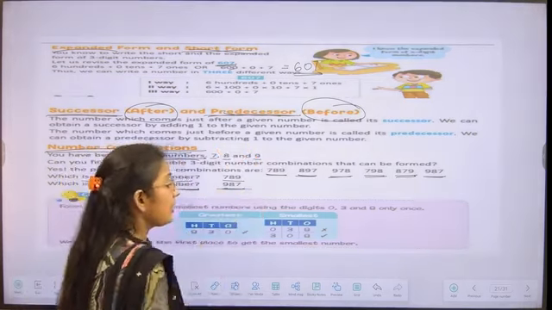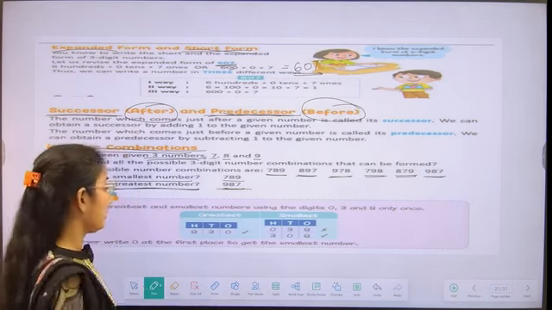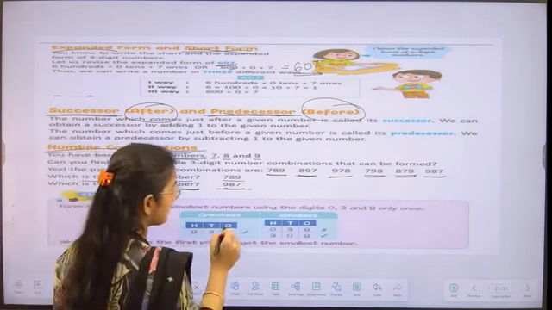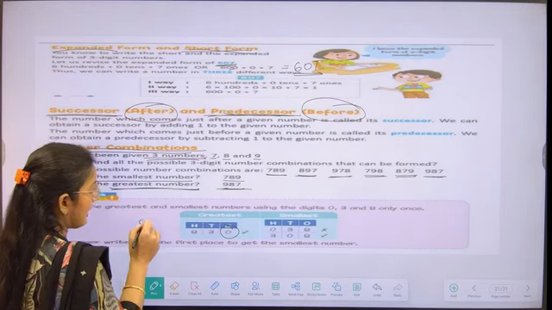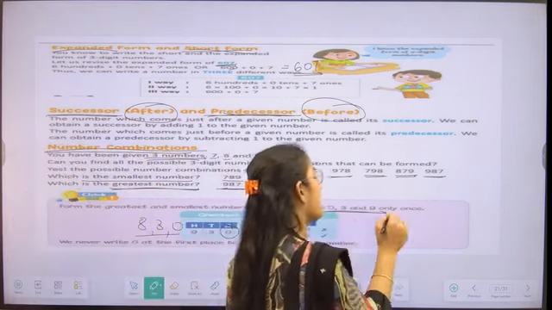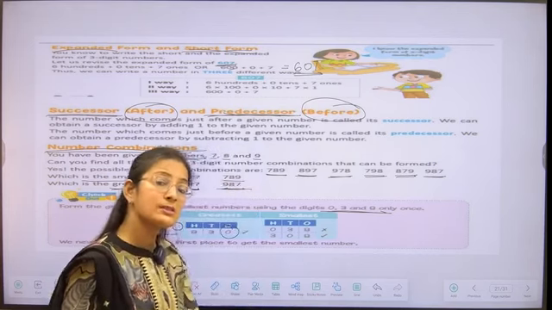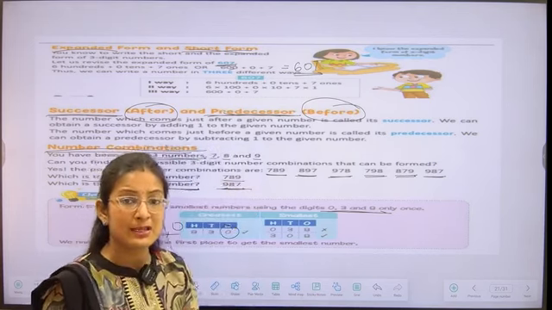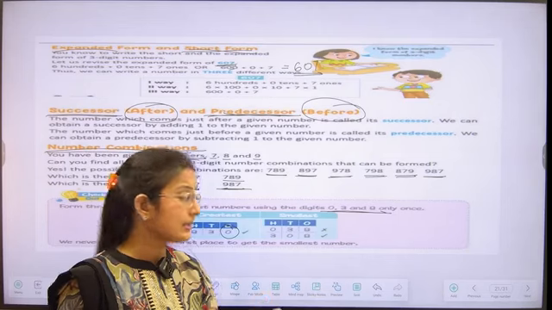But students, if we have 0 in our number, for example the digits 8, 3, 0, then always keep in mind that 0 never takes the 100th place.